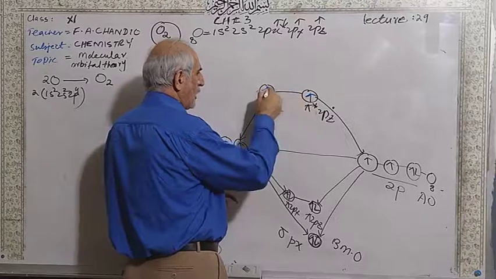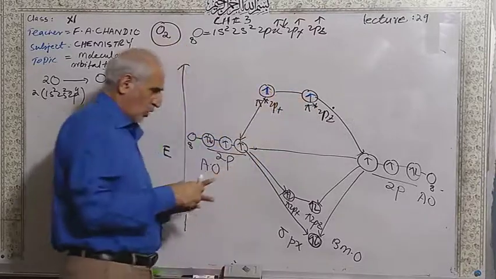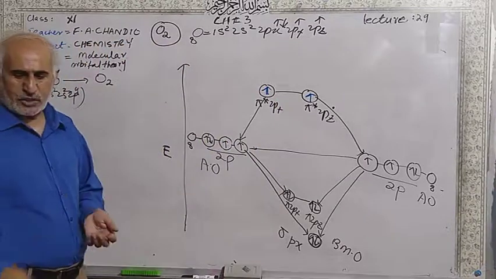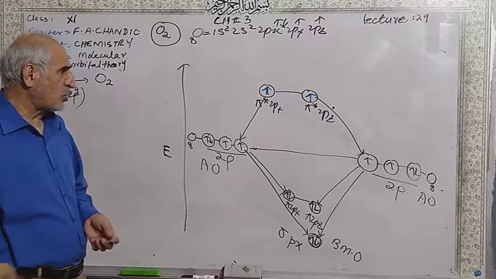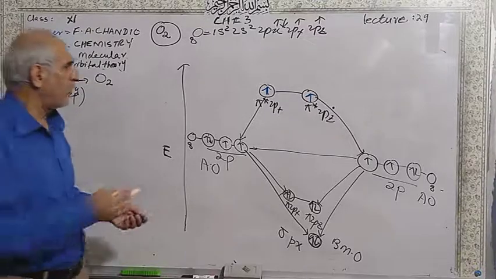I told you the same in boron. So you have to put 1 each in the pi star 2py and pi star 2pz in the unpaired form.